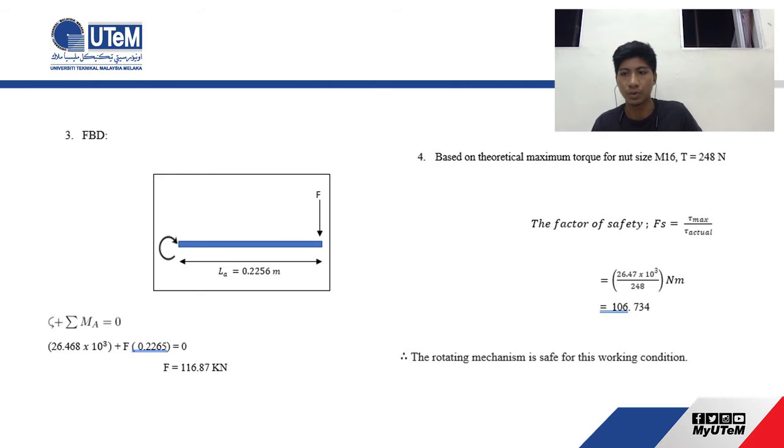we are going to find the factor of safety, FS. Before we find the value of the factor of safety, we are going to find the value of F first. From the left side of our slide, we find the value of F from the distance of the L handle socket.